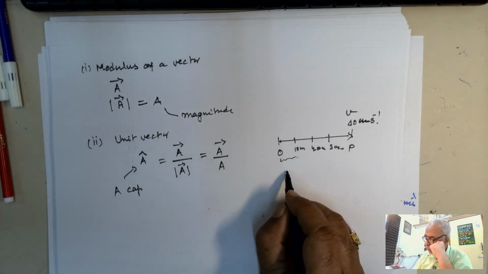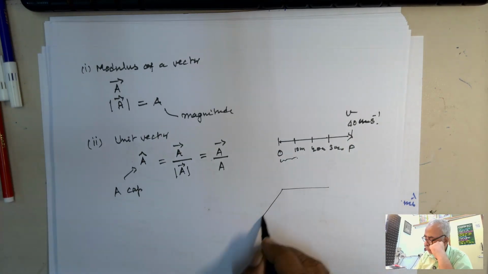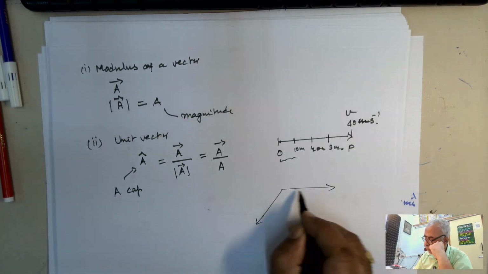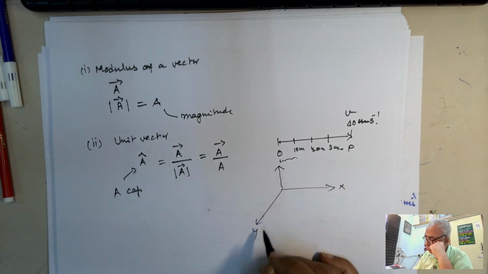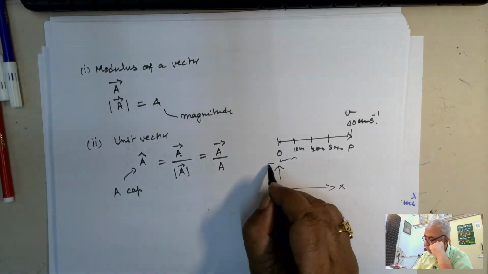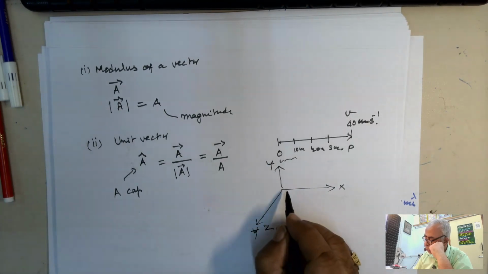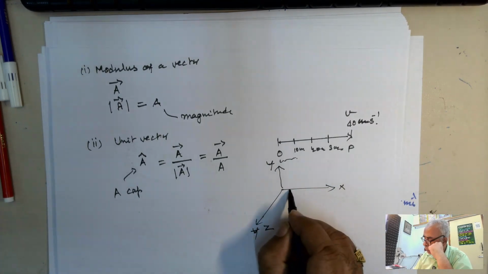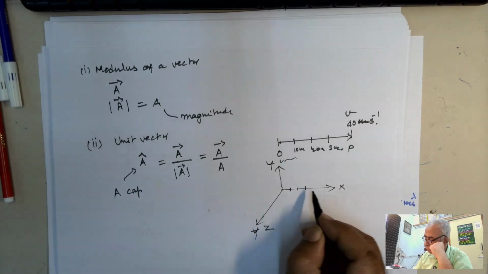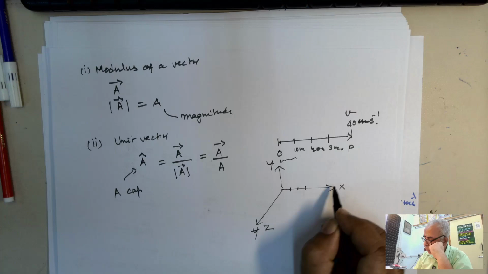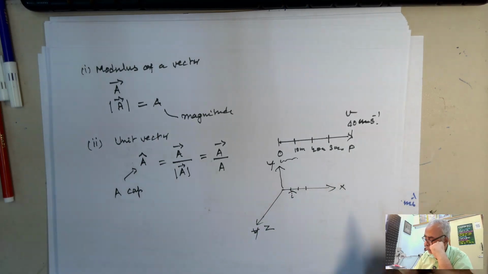Unit vector. So if it is along the x-axis, for example, we can put the axes like this. Let me say this is x, this is y, this is z. Towards the x-axis, you have 1 centimeter, 2 centimeter, 3 centimeter, and so on. It means they have the unit vector I cap along the x-axis.